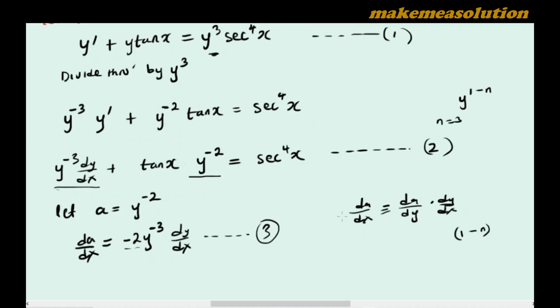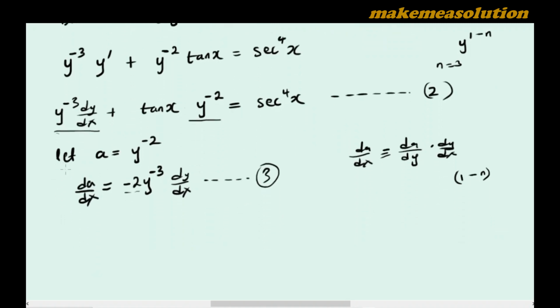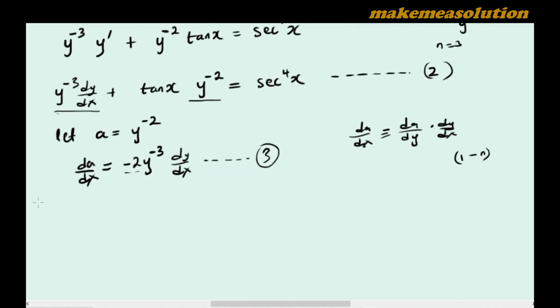So what do I have to do? I have to try to make equation 2 have this particular factor of minus 2 in the first term, and the way I can do it is by multiplying equation 2 through by the factor minus 2. So you multiply equation 2 by negative 2 throughout.